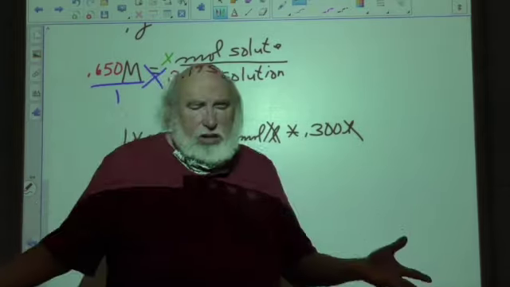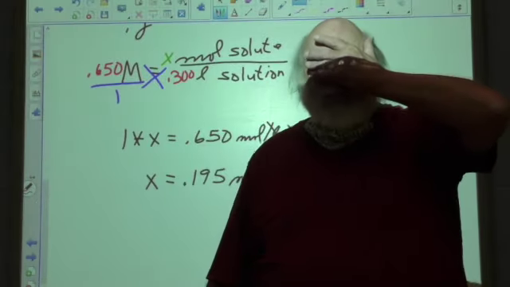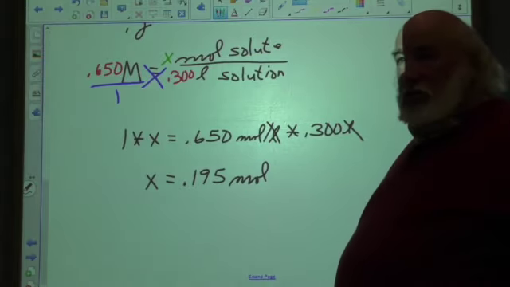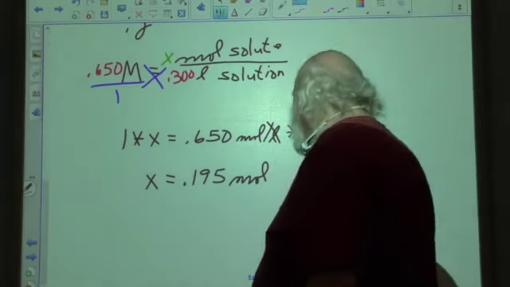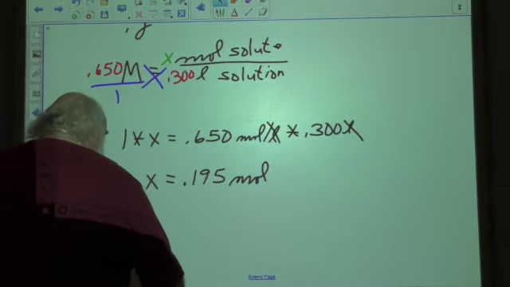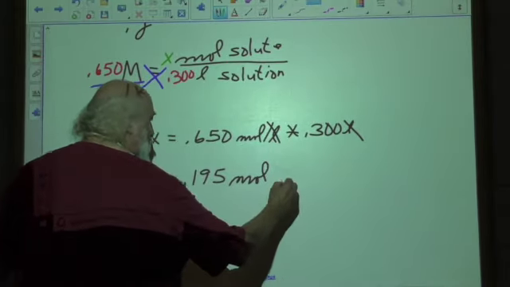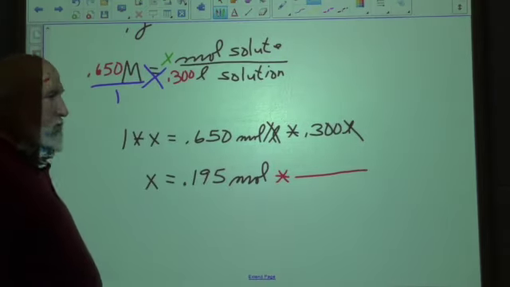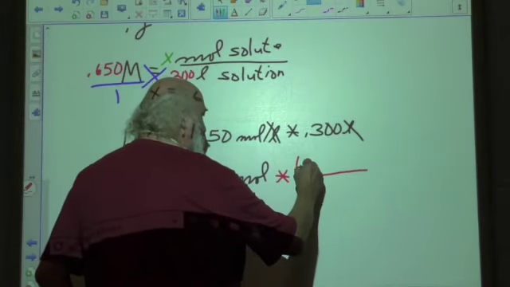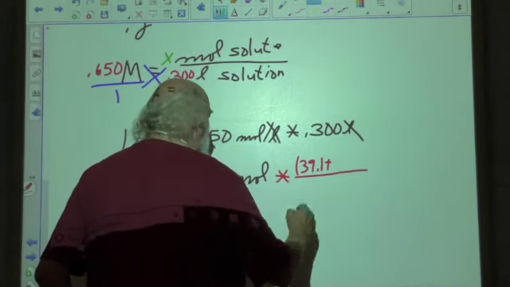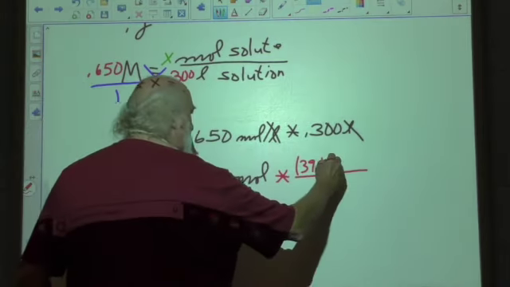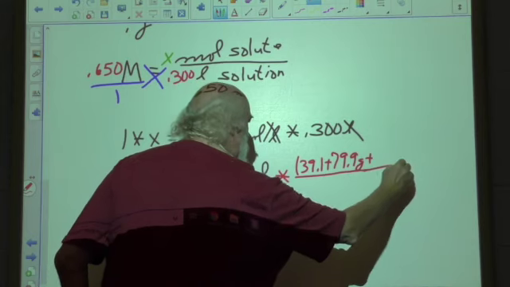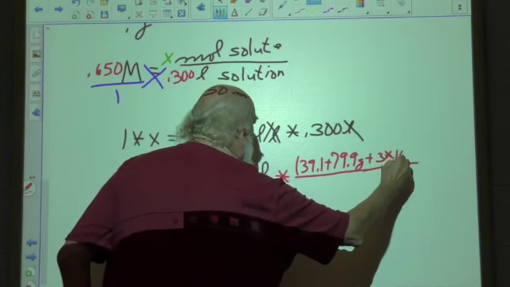But we have an issue with this answer. What is that issue? Well, we didn't want to know how many moles, we want to know how many grams of potassium bromate this is going to be. So we have to convert this to grams. So we go back to the periodic table and find that potassium is 39.1 grams, bromine is 79.9 grams, plus 3 oxygens, so that's 3 times 16.0 grams.